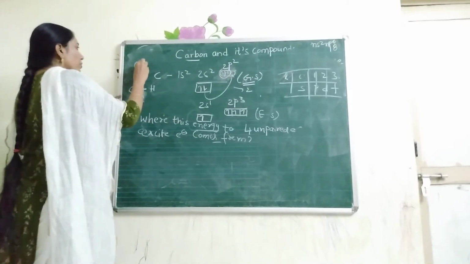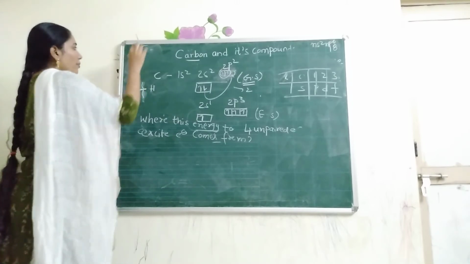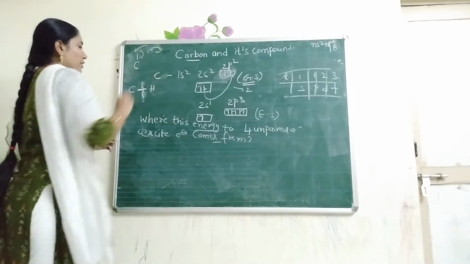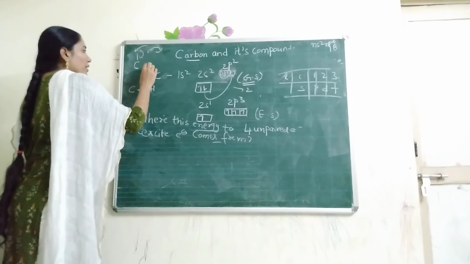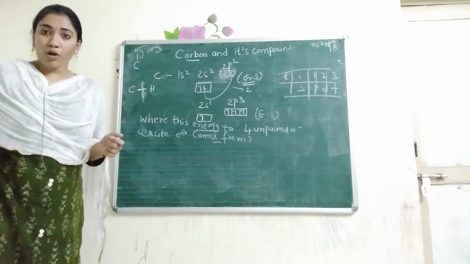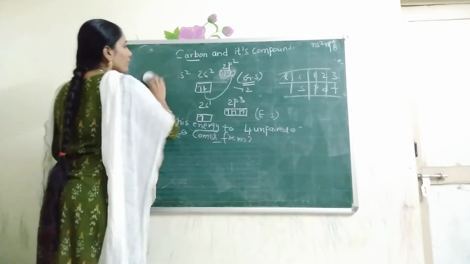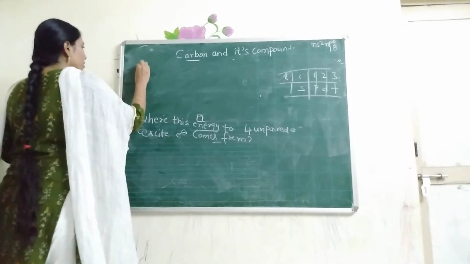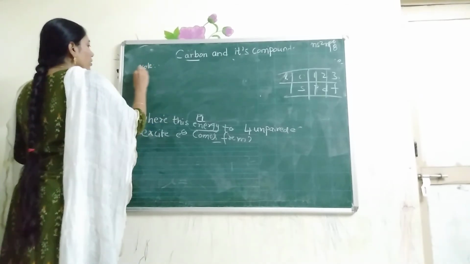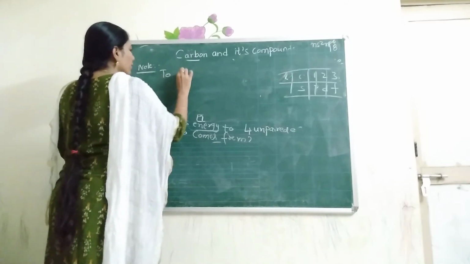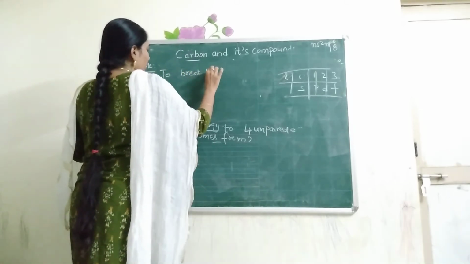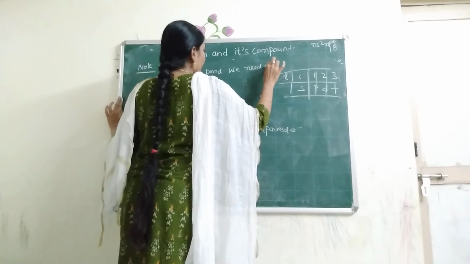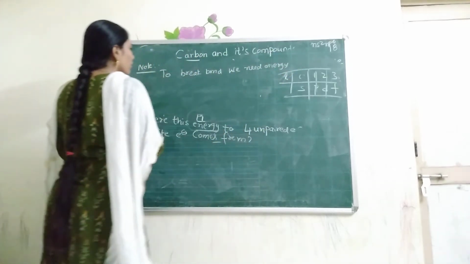If the hydrogen forms a bond with carbon, that means in the formation of a bond there is a release of energy, isn't it? In bond formation there is a release of energy, and in bond breaking we need energy. Remember these points. Note: to break a bond, we need energy.